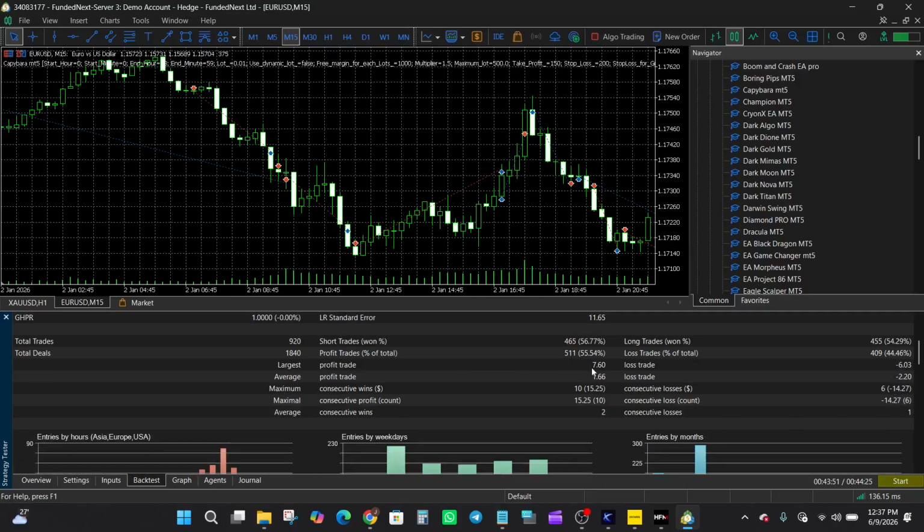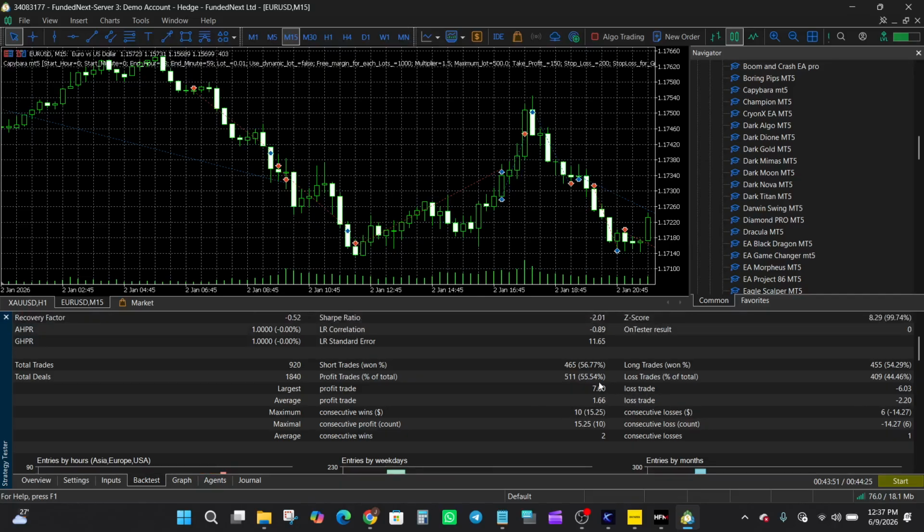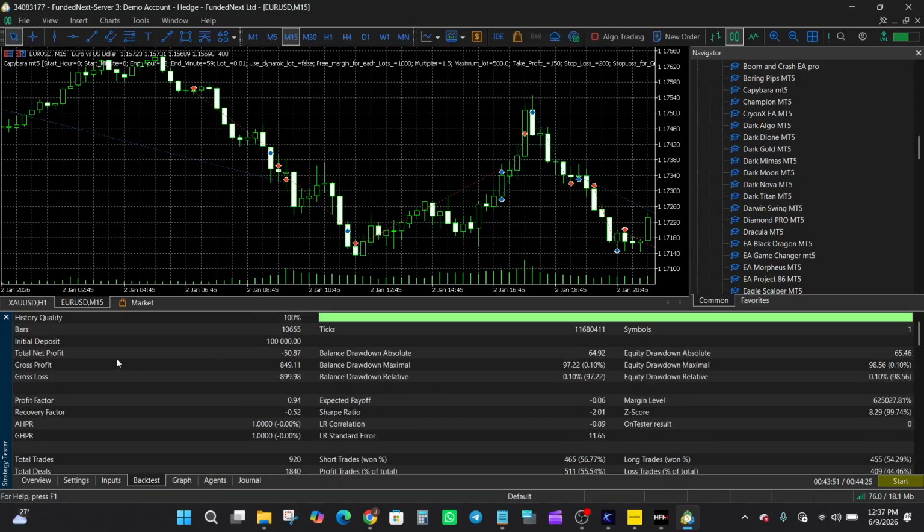The largest profit was 7.6, largest loss 6.03, average profit 1.66, average loss 2.2. Okay, and from this I can see that the risk to reward ratio on average is not good, and the win rate itself is not even good enough. So I'm not surprised to see a negative total net profit, even though the amount is very little compared to the initial deposit. All right.